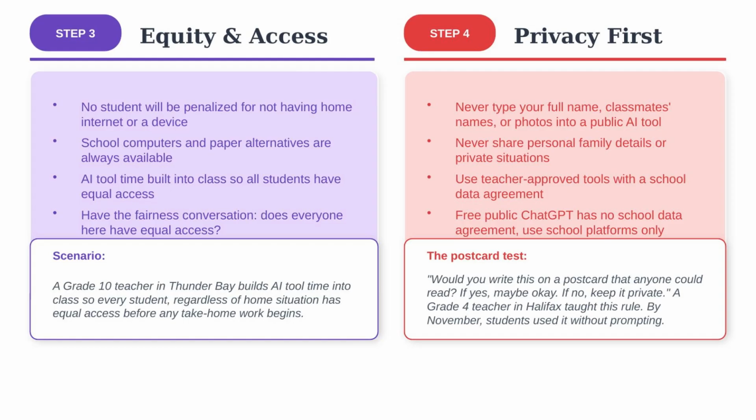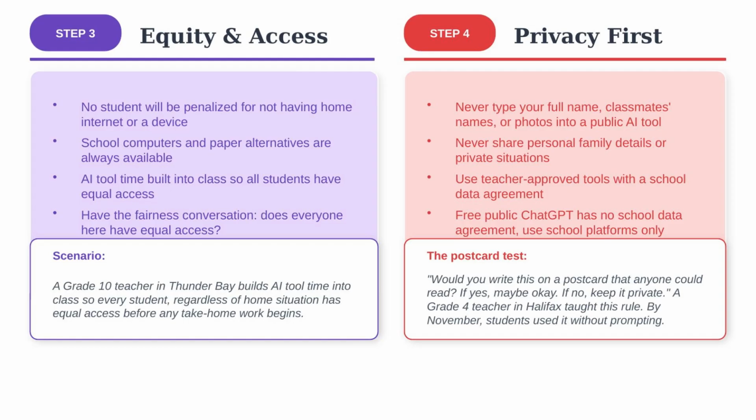Step 4: Privacy first. This is non-negotiable and it needs to be explained to students in language they actually understand. Your policy should say clearly, never type your full name, your classmates' names, photos of people, or any personal information into a public AI tool, and never type something that a stranger shouldn't know about you or your family.